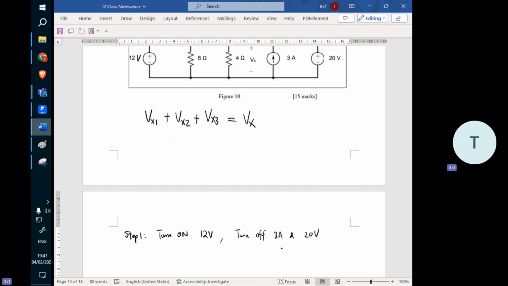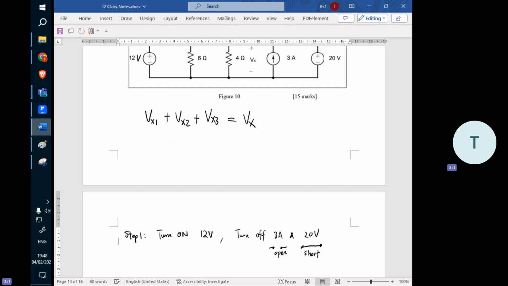When you turn off 3 amp, it becomes an open circuit. Open. When you turn off 20 volt, replace it with a short circuit. Replace with a short wire. Short.